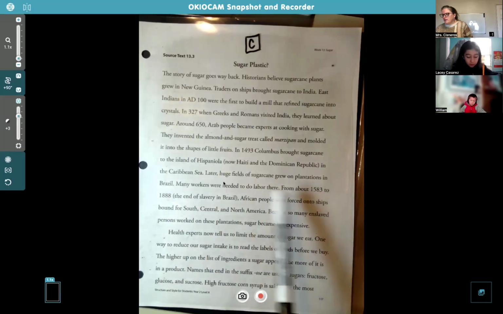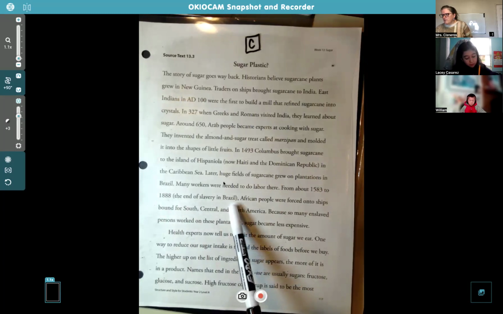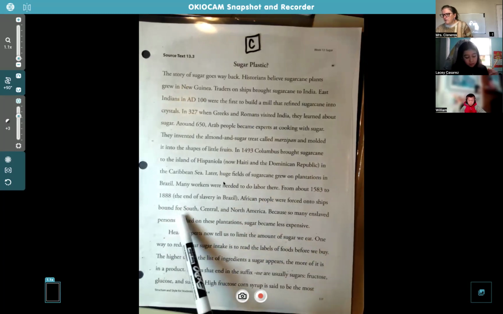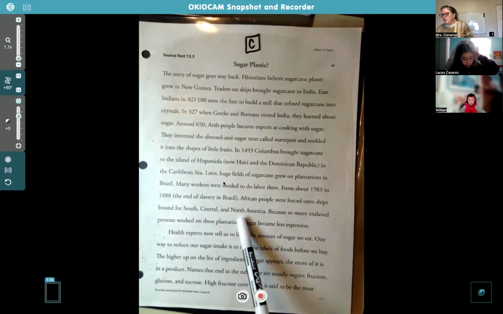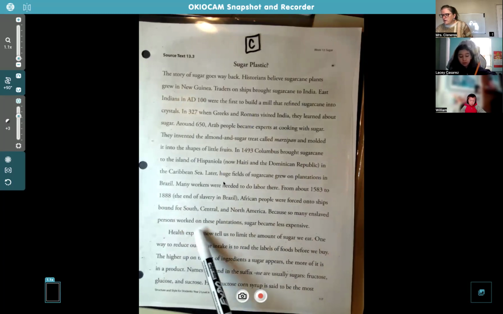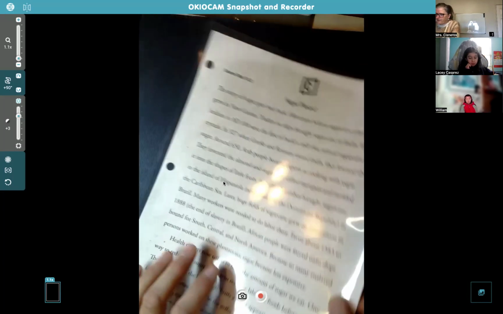From about 1583 to 1888, the end of slavery in Brazil, African people were forced onto ships bound for South, Central, and North America. Because so many enslaved persons worked on these plantations, sugar became less expensive. Okay, let's label this paragraph history.